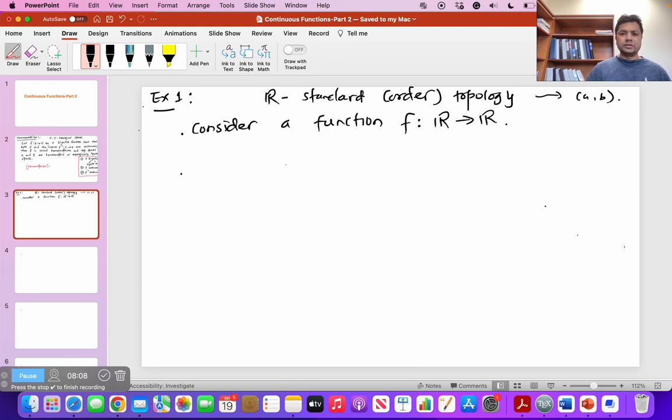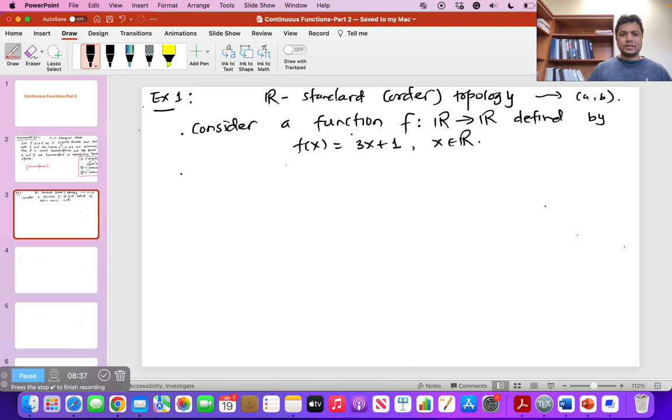Consider a function f from R to R defined by the relation f(x) = 3x + 1 for x in R, where both copies of R have the standard topology.